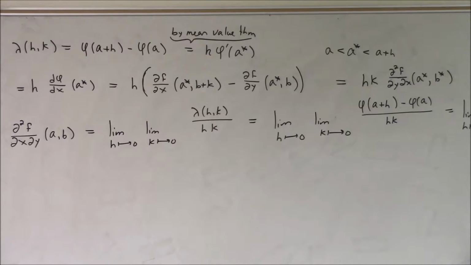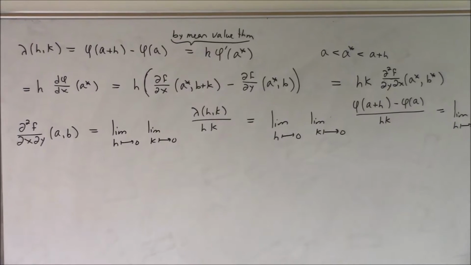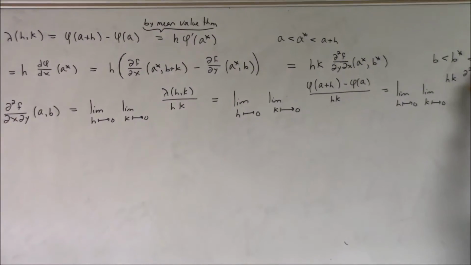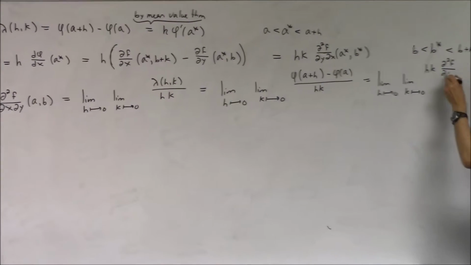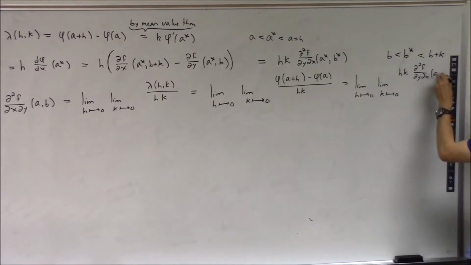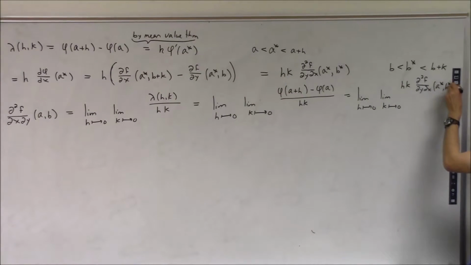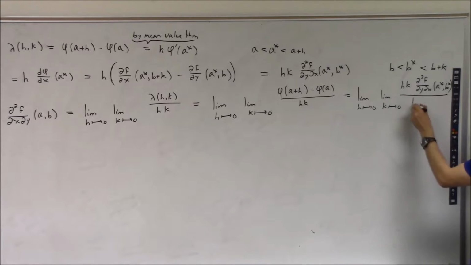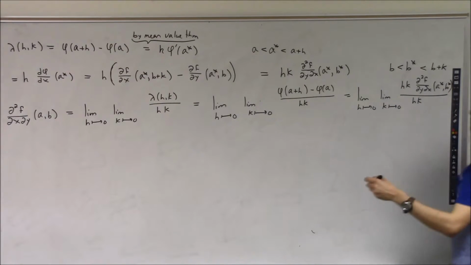of hk, the second order partial dy dx at a star b star over hk. So the hk cross out.